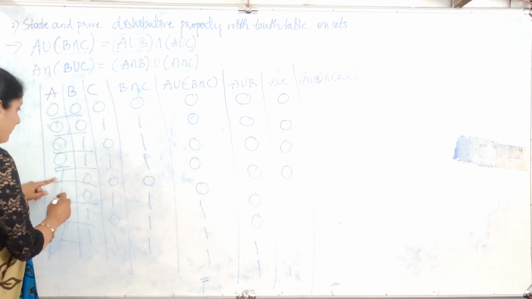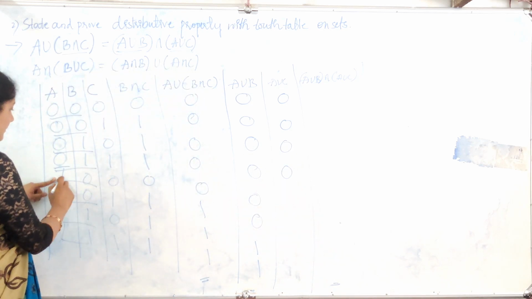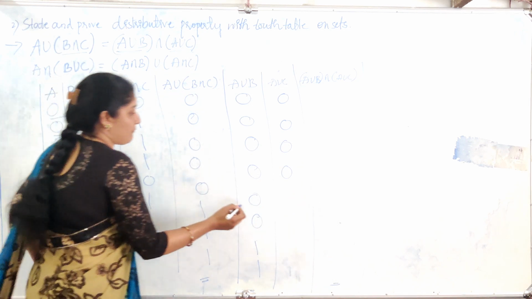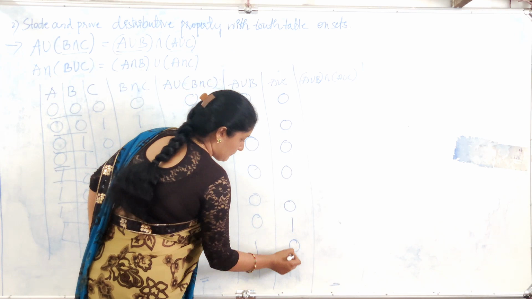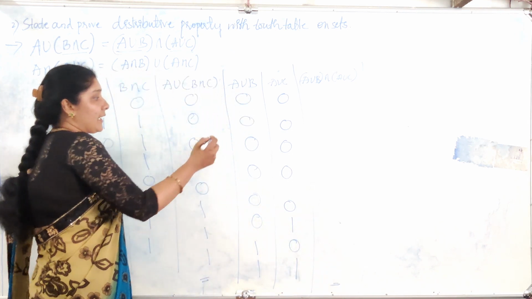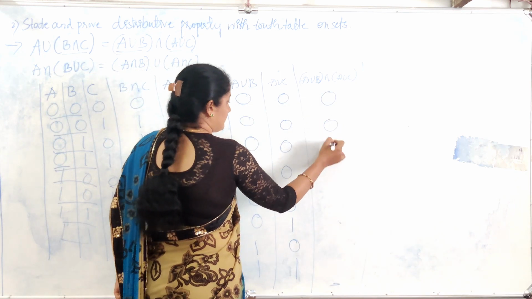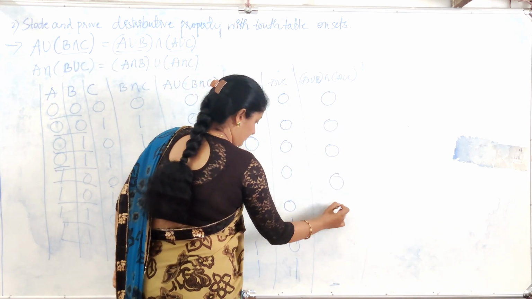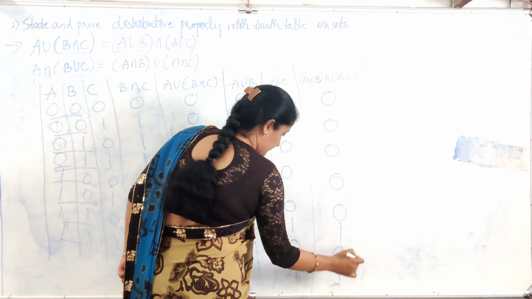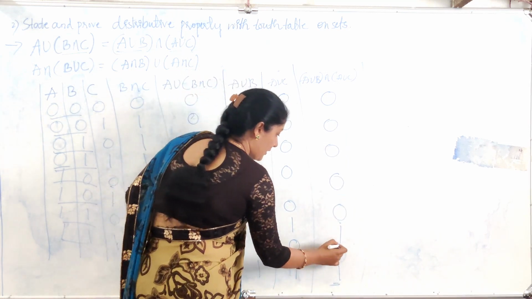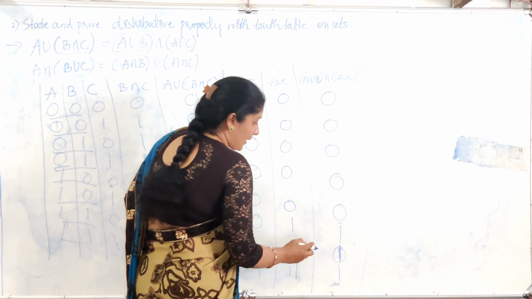After that, see here, the fifth one 0, 0, 1, 0, 1. So now the intersection of these two. One it is. See here, 1 and 0 will be 1.